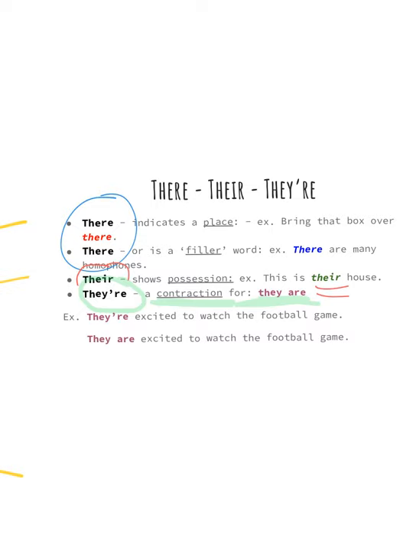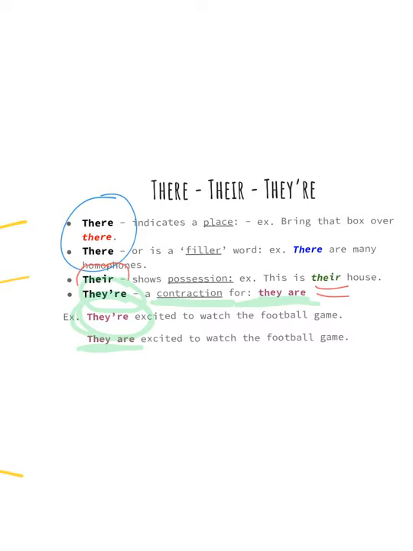So an example would be, they're excited to watch the football game. They're being a contraction for they are. So if we were to write this sentence without the contraction, it would be, they are excited to watch the football game. So this is the third and final homophone in this group.